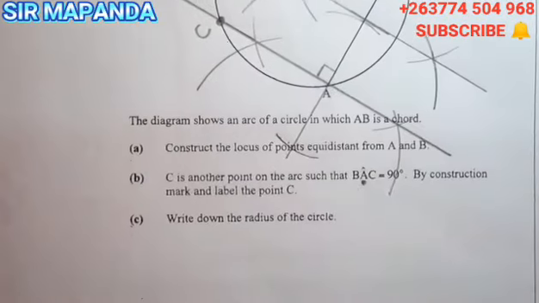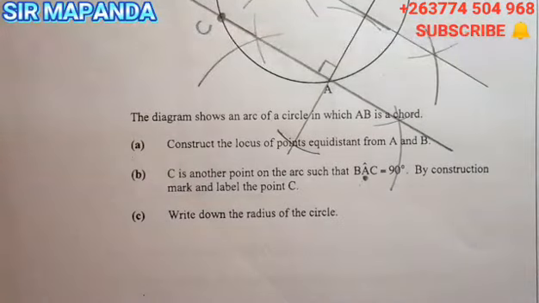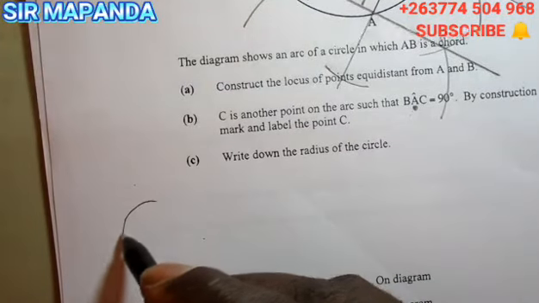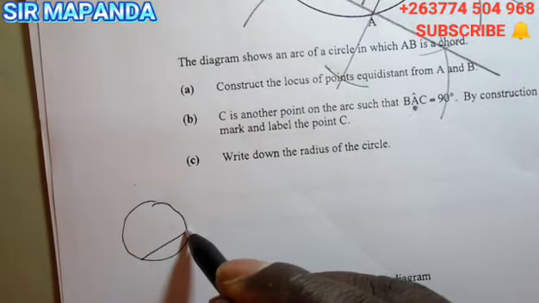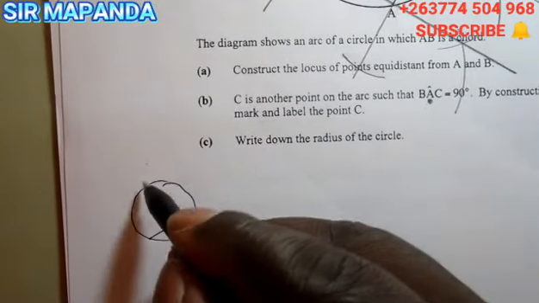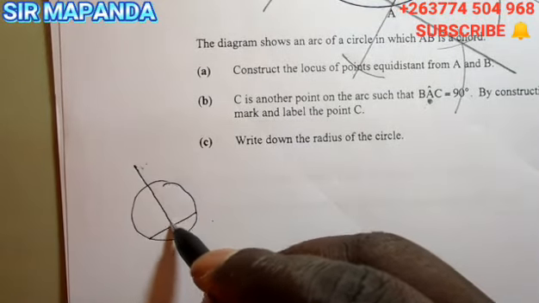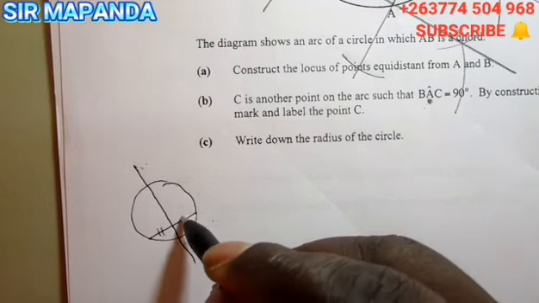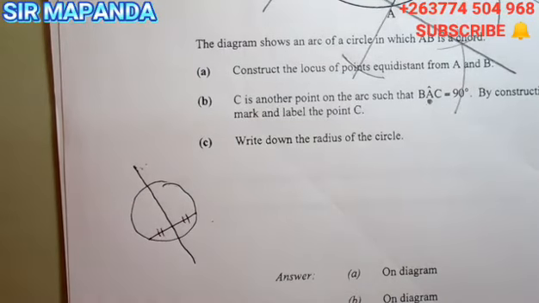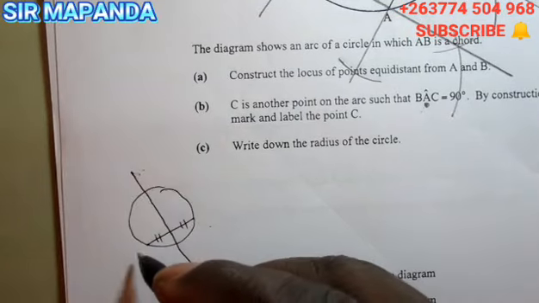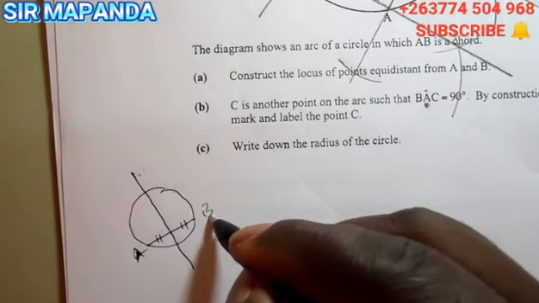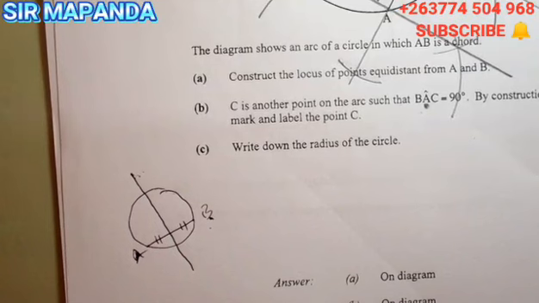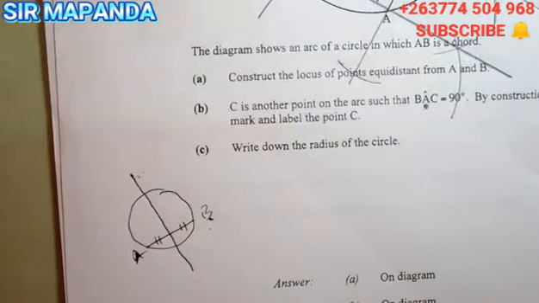Right. We move on to part C of the question. Write down the radius of the circle. Right. So I want you to get this concept. If you have a circle and there is a chord, any line that bisects the chord in such a way that it gives an equidistant from point A up to point B, a line which bisects a chord passes through the center of the circle.